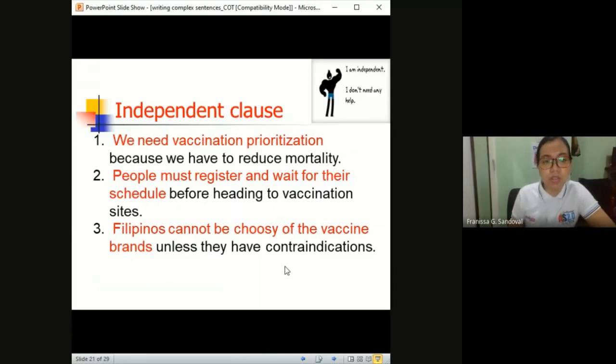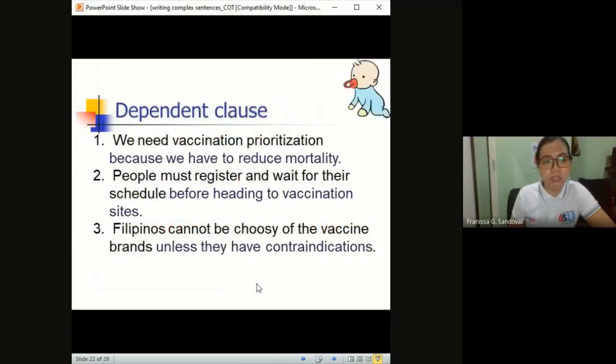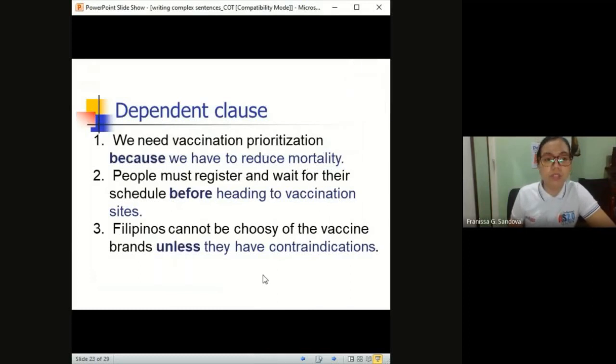So, in the red color, these are the independent clauses, while the blue ones are the dependent clauses. Can you find the subordinating conjunctions from the following dependent clauses? Yes, you're correct. These are because, before, unless.